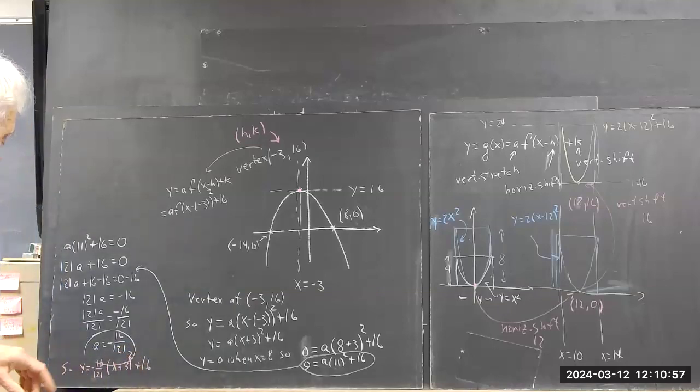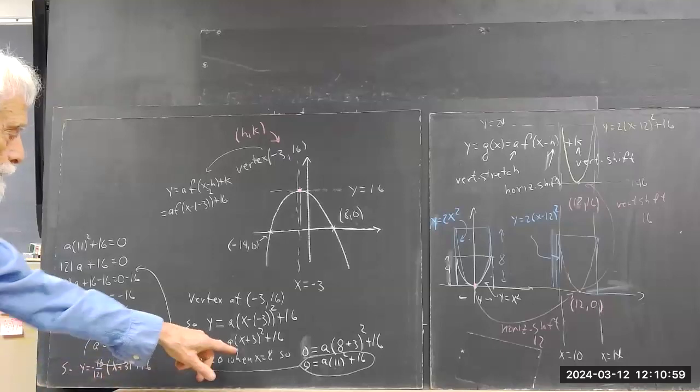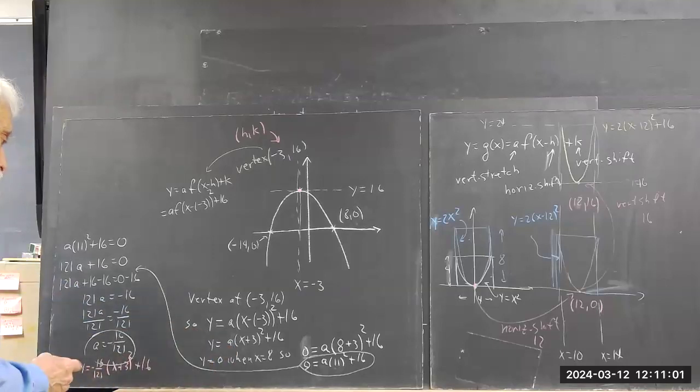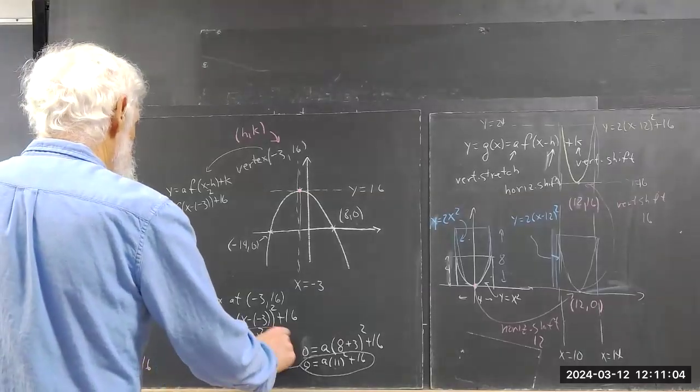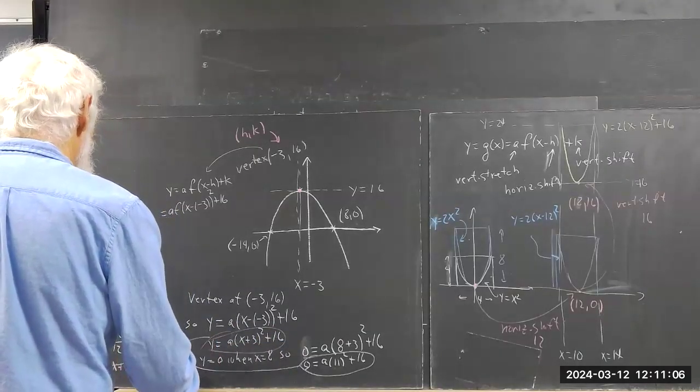Now that we see this, we just take this form here. Place our value of A.